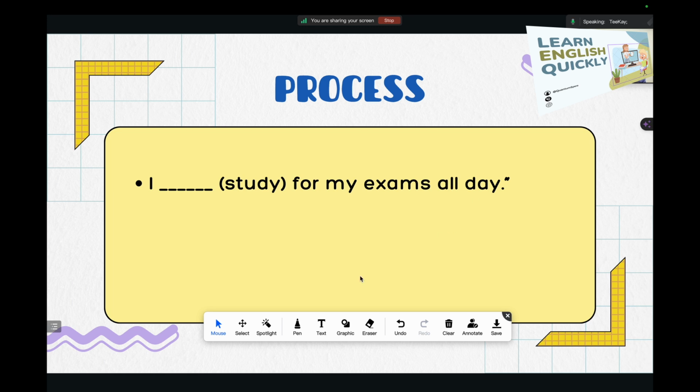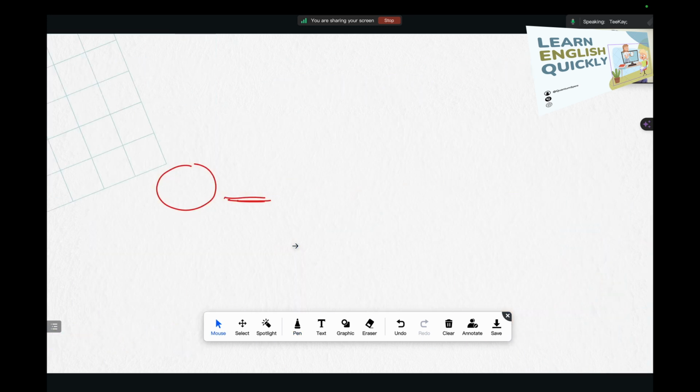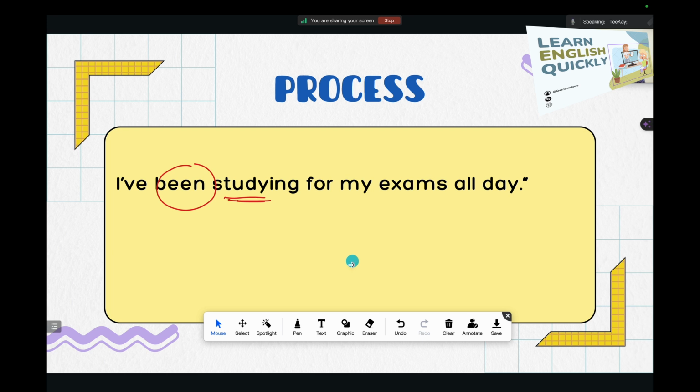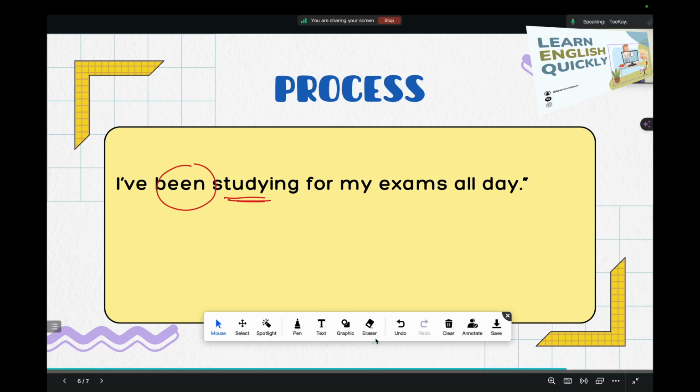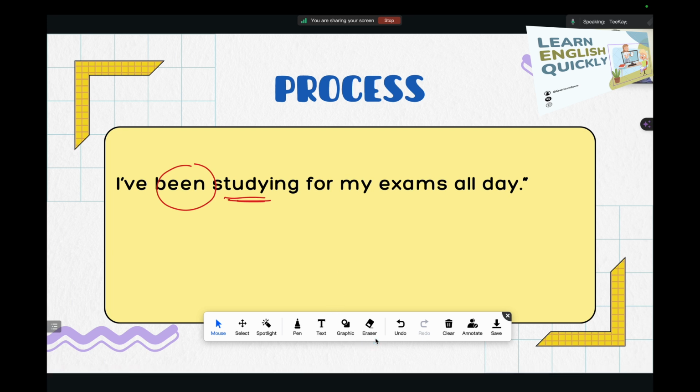And you can see the verb we have is study. So let's see how we can fill in this gap. Who wants to try? Oh, yes, very good. That's great. So the correct answer will be: I've been studying for my exams all day.